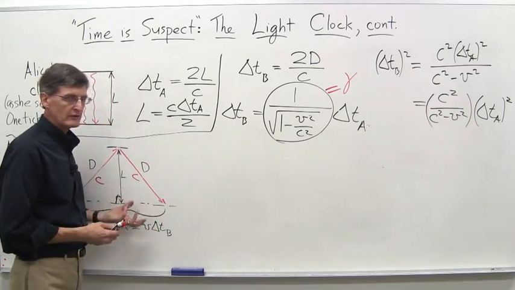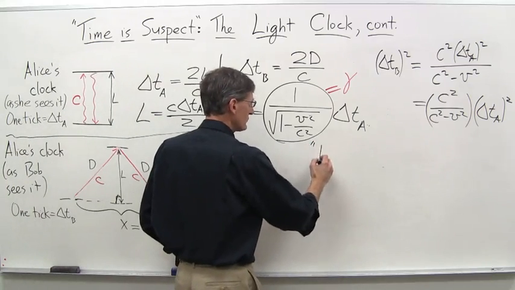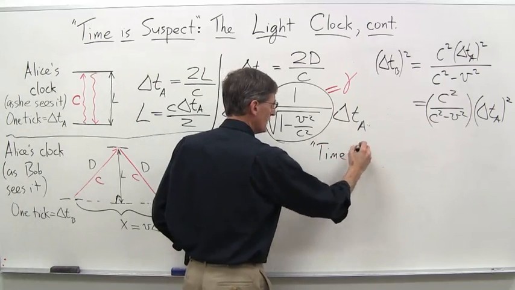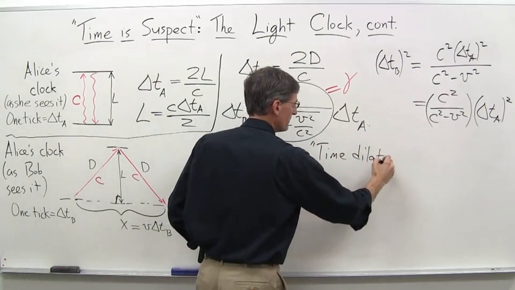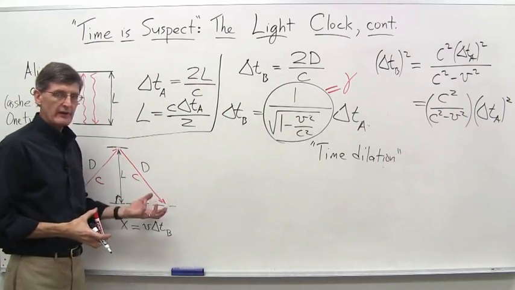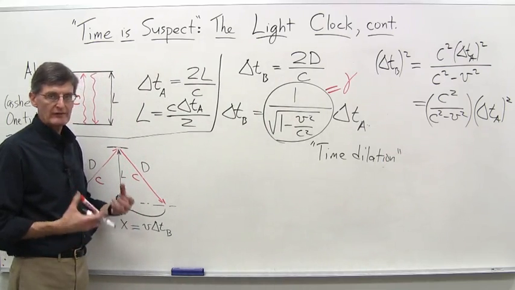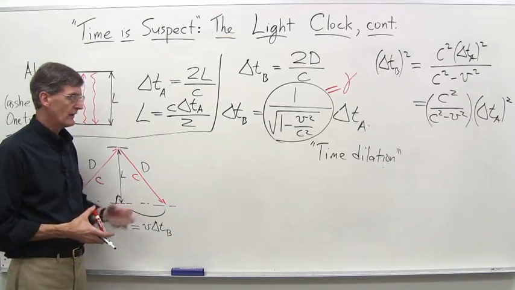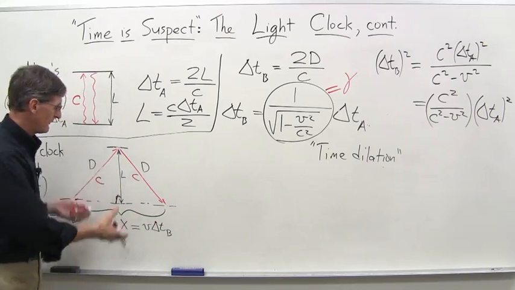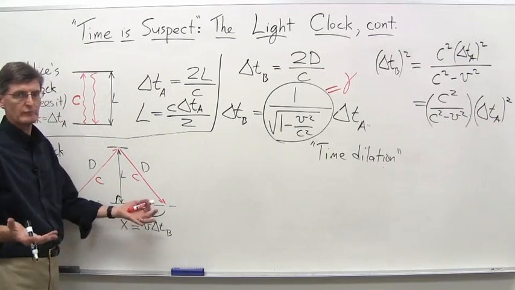But remember that the basic idea here is what we call time dilation. Another way to say that is moving clocks run slow. They tick more slowly than if they're not moving. So if Alice and Bob are right next to each other with identical clocks, they both look at them and say, just fine.